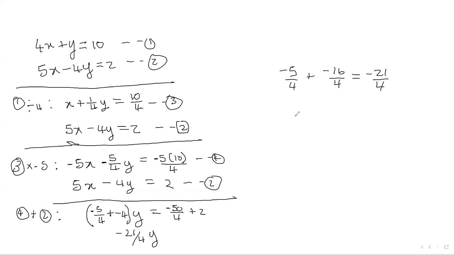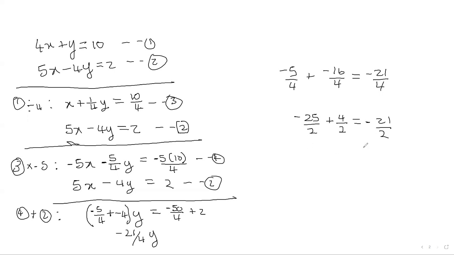I'm just going to write minus 50 as minus 25 over 2. Then plus 4 over 2, which is the same as 2. I wanted to get the same denominator. Minus 25 plus 4 will give me what? Minus 21 over 2, right?